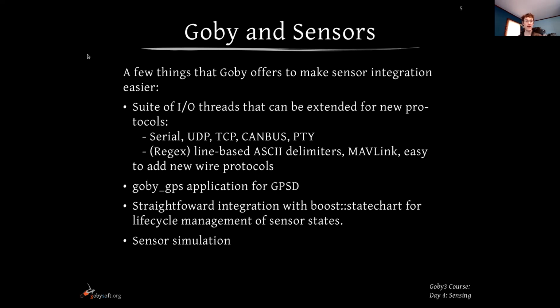So what does Goby provide to make sensor integration easier? There's a handful of related things. The first that we'll talk about is a suite of IO threads that we can extend for new protocols.